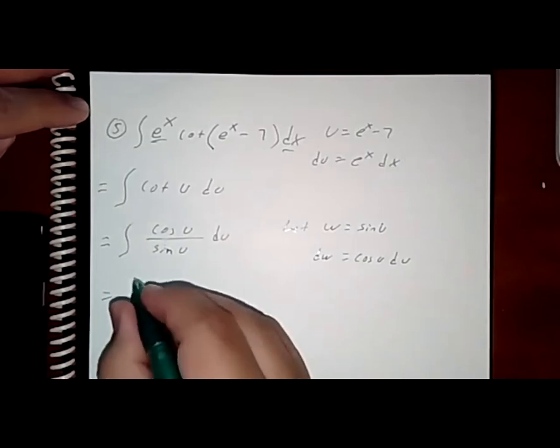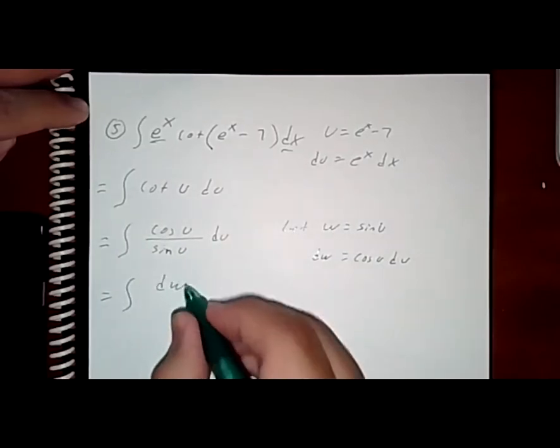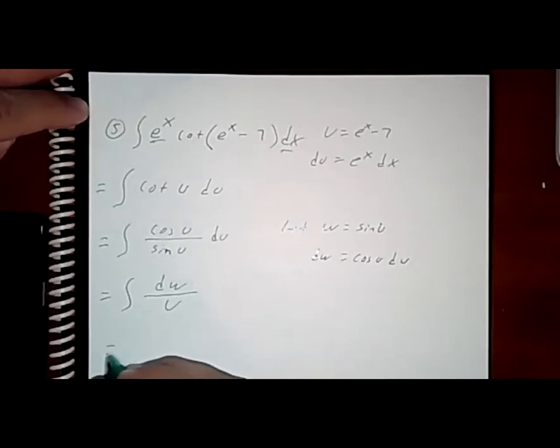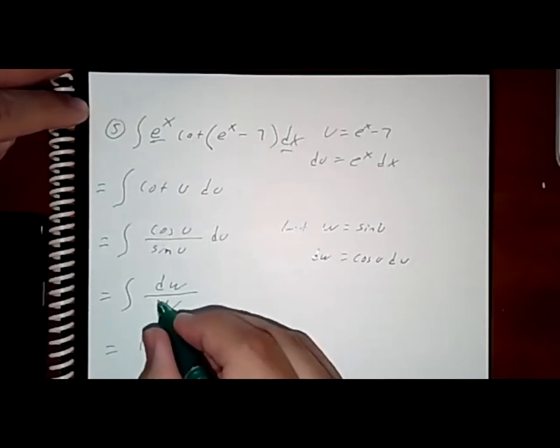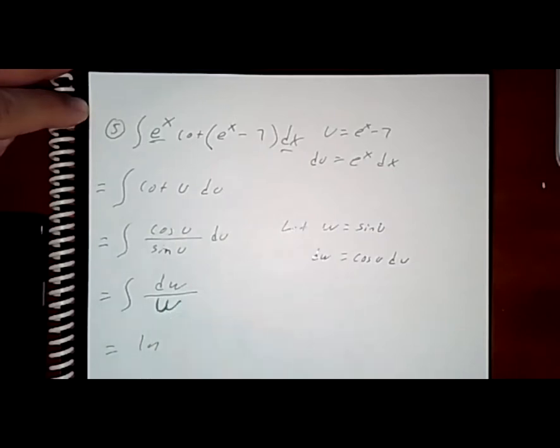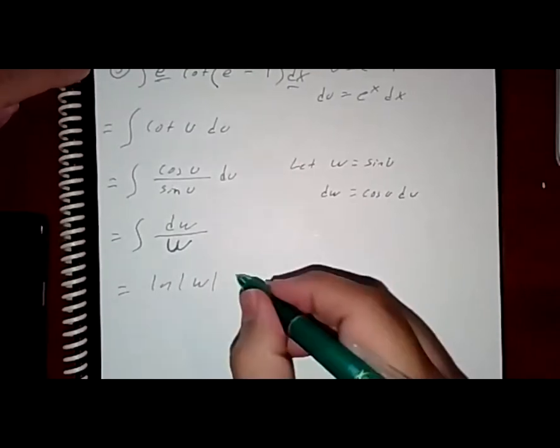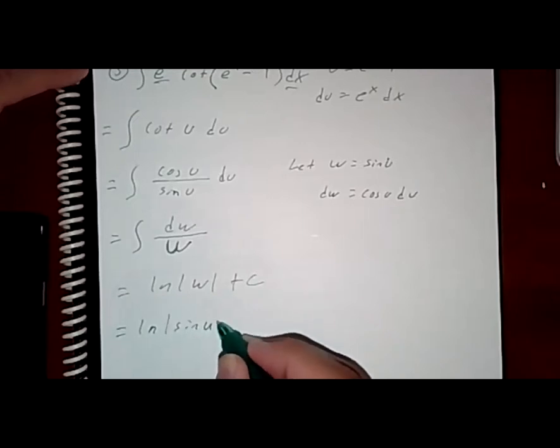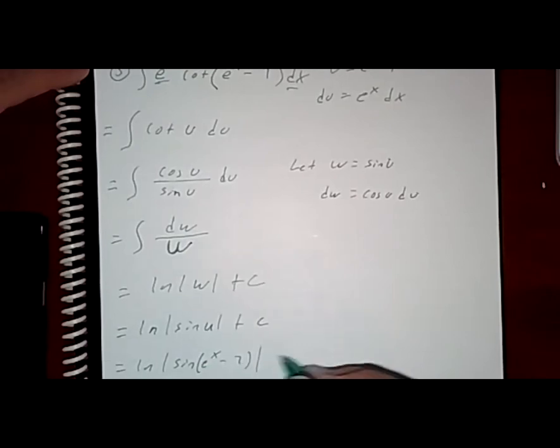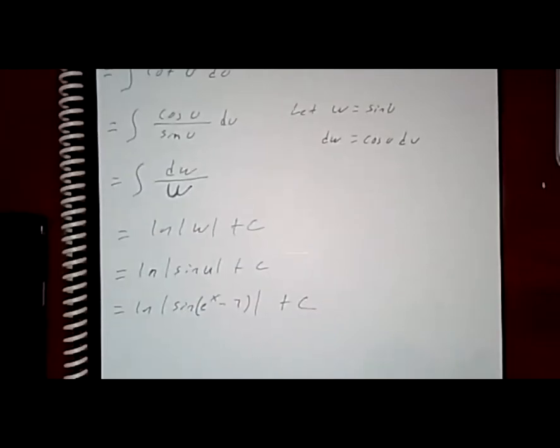So that gives me dw over w, integral being ln|w|. Replace w, which is actually sine u. Replace u, which is actually e^x minus 7. That's what you're supposed to do. I was just being lazy at first. I'm sorry about that.